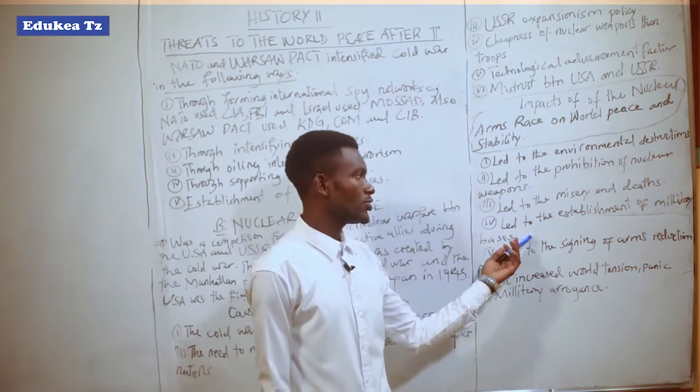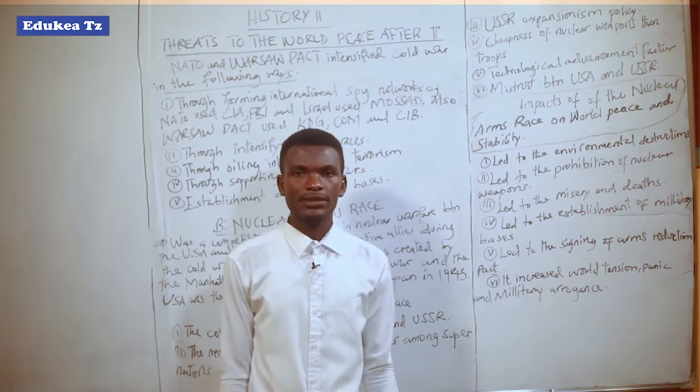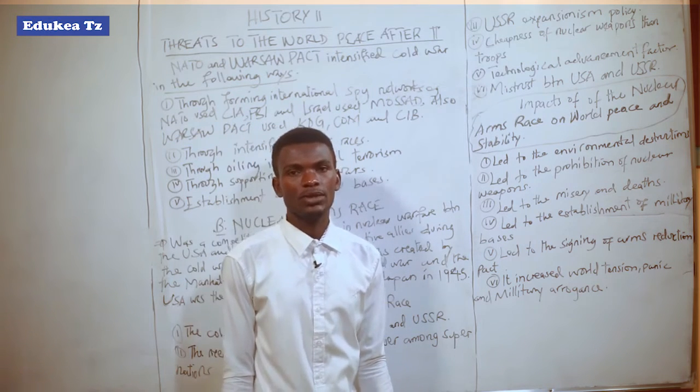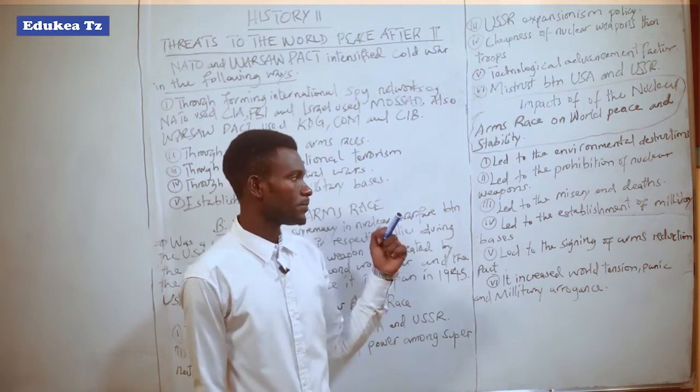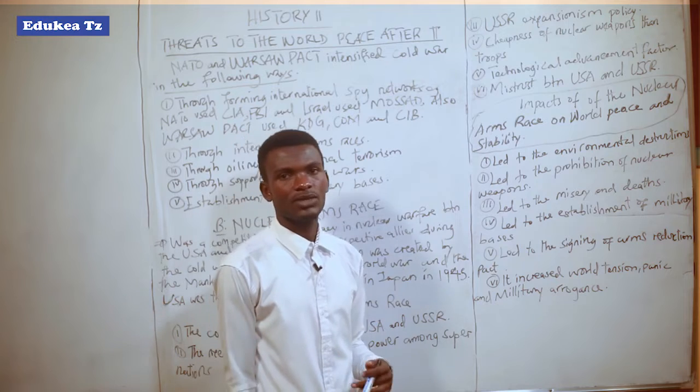Another was that it led to the establishment of military bases. It means that the production of nuclear weapons led to the establishment of military bases in different countries of the world.